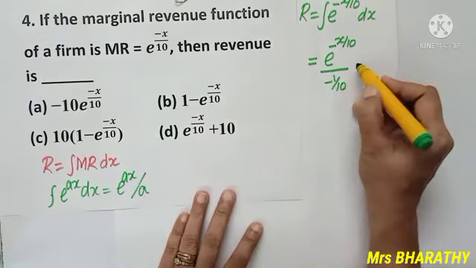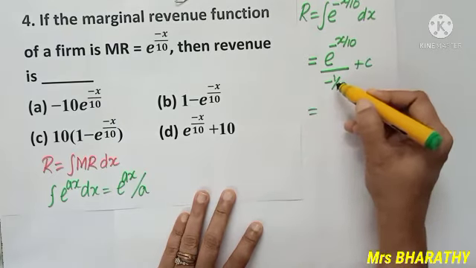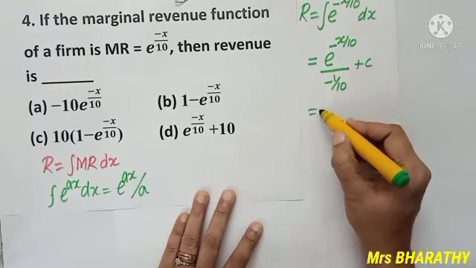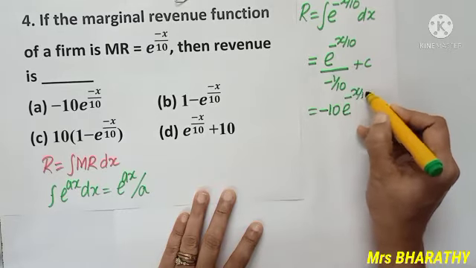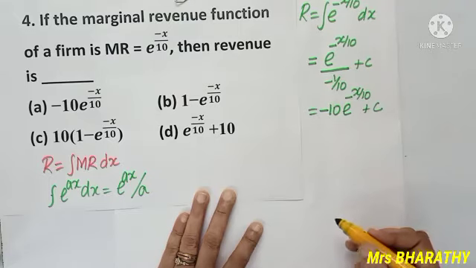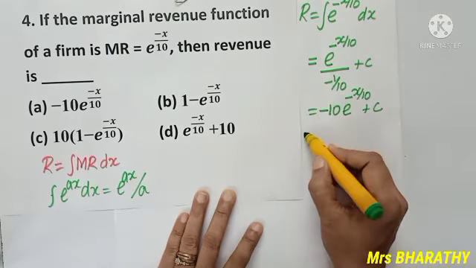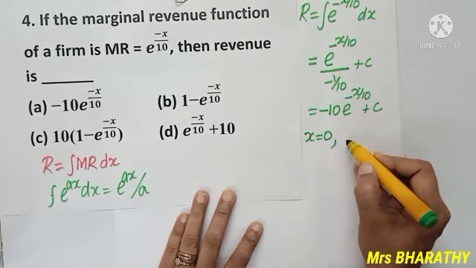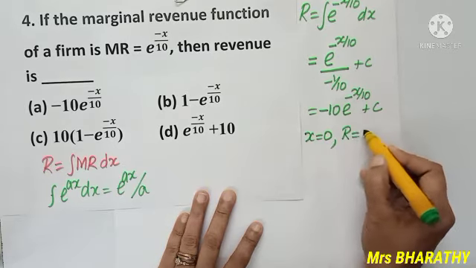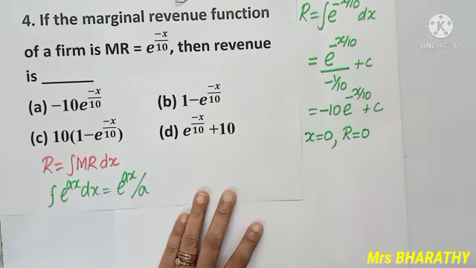As I substitute and reciprocate, it is minus 10 e power minus x by 10 plus c. Whenever x is equal to 0, the output is 0. We remember revenue is also 0.